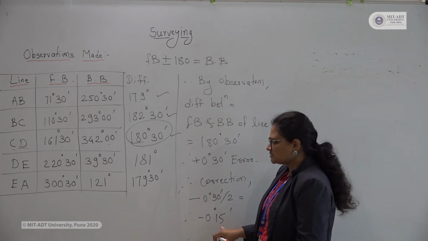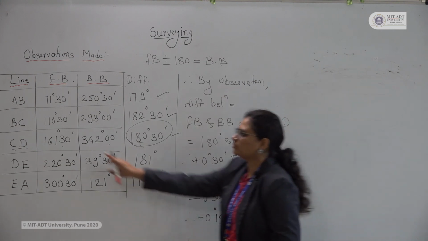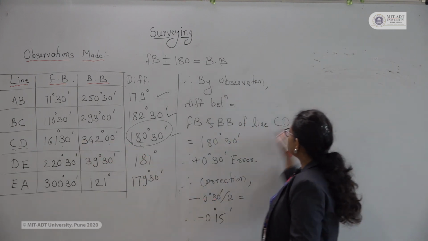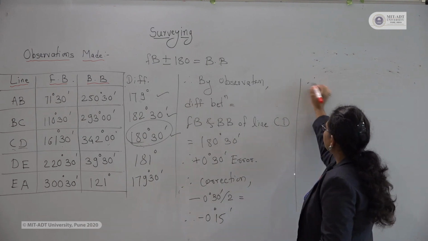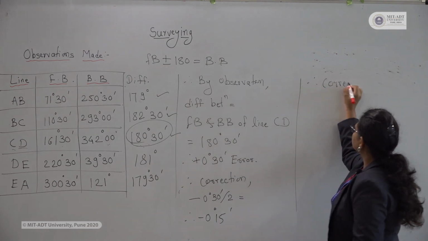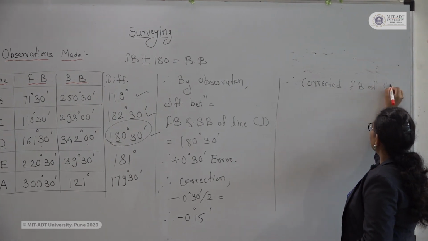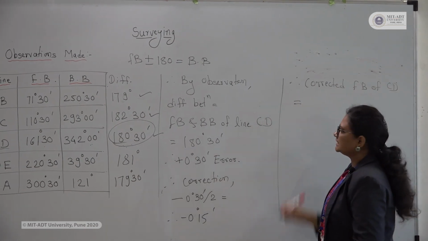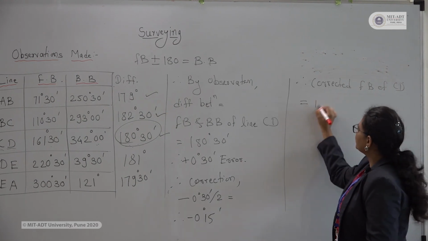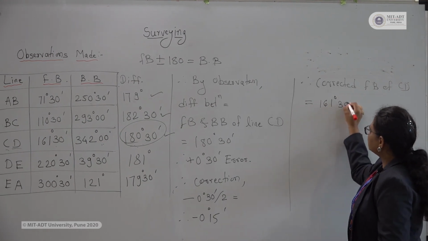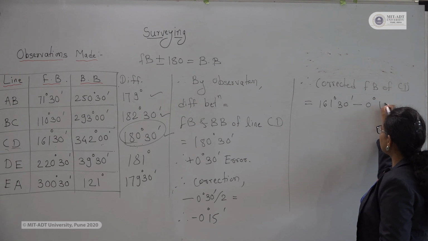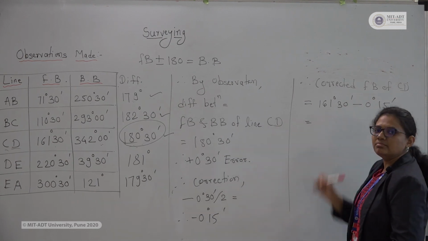Now, you have to simply subtract this correction from the fore bearing. So, simply I will write here, therefore, the corrected fore bearing of CD will be equal to 161 degrees 30 minutes minus 0 degrees 15 minutes.